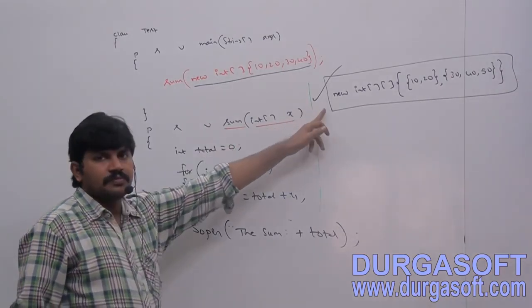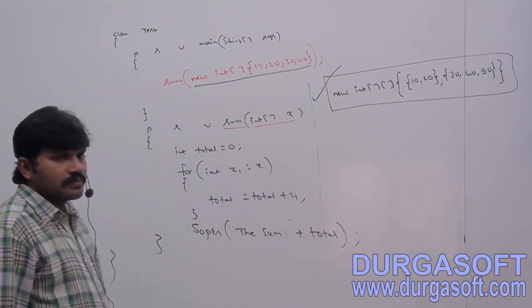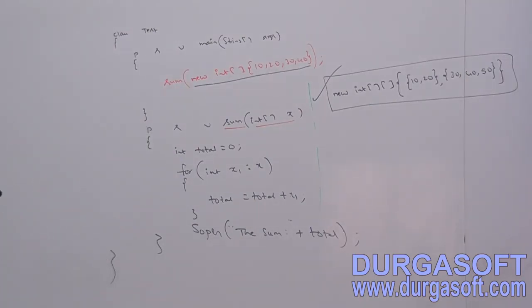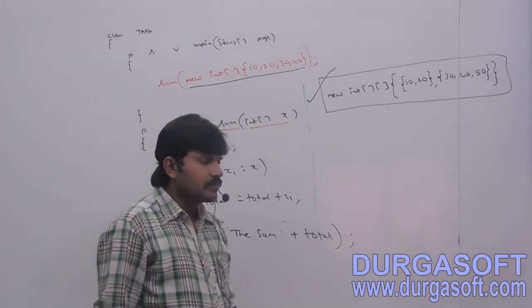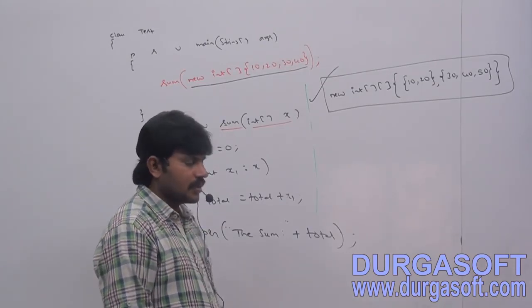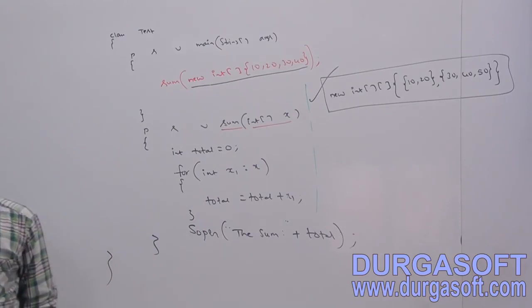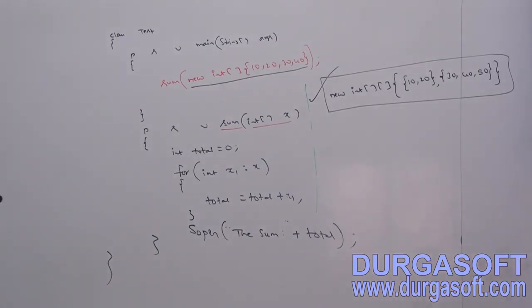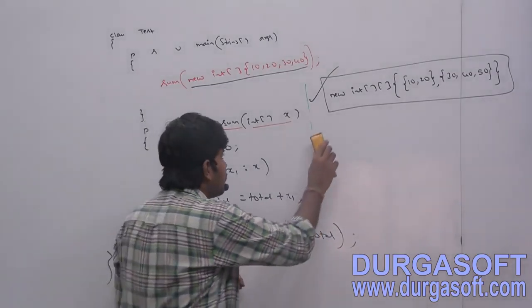Okay, take this one: new 2-dimensional array of 10, 20, then 30, 40, 50. Completed, right?